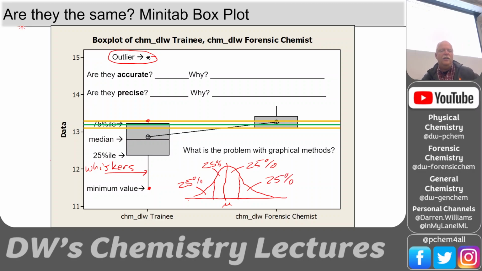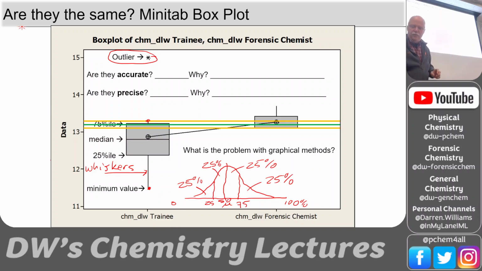So if we're integrating this all the way up, like we start out at 0%, then we get to 25, then this is 50, this is 75, and then way up here is 100. So you see how it's divided into quartiles, 4 equal groups in terms of probability.